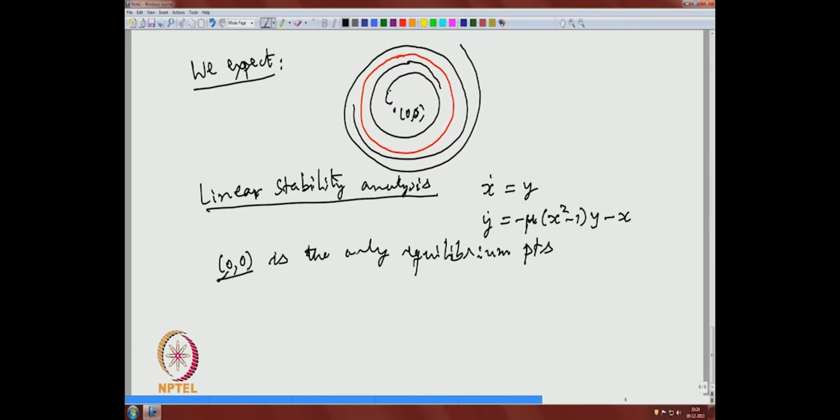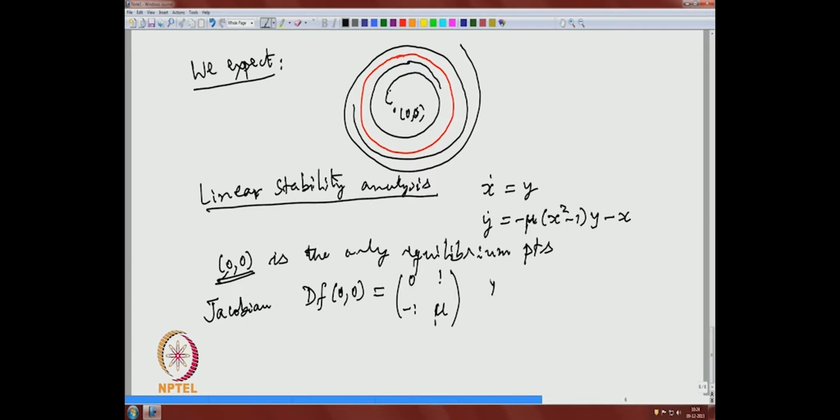And if I calculate the Jacobian at 0 0, that is again simple here: 0 1 and minus 1, mu. Okay.